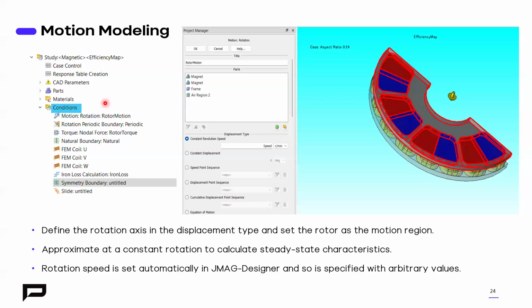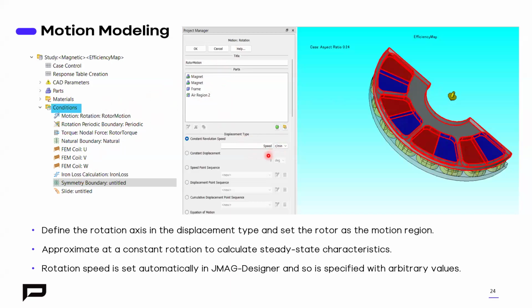For the motion settings, the rotor is set to be the rotating motion. We right click on the motion rotation and enter the speed value here. Since it is an arbitrary value, JMAG Designer will automatically assign the value, and we can enter it as speed.